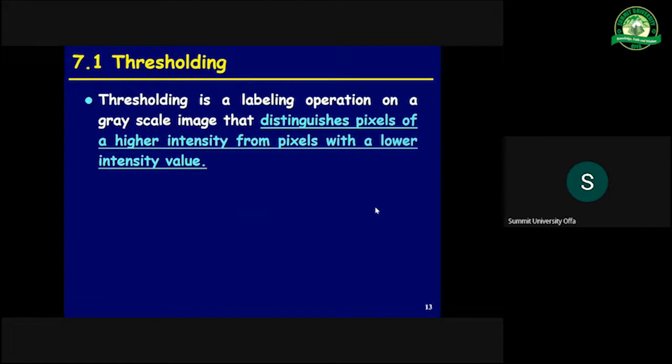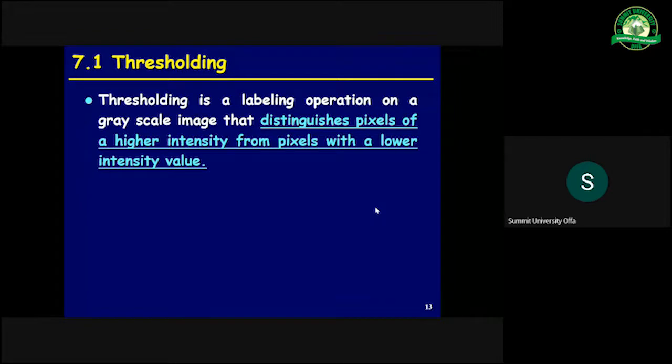The first one is thresholding. Assuming, okay, let me ask Fatima: Fatima, how do we segment people in a course into two classes, pass or fail? We usually use 40% as that mark. Am I right?